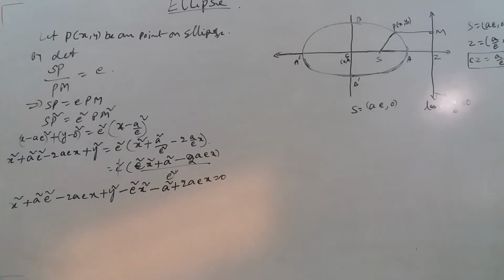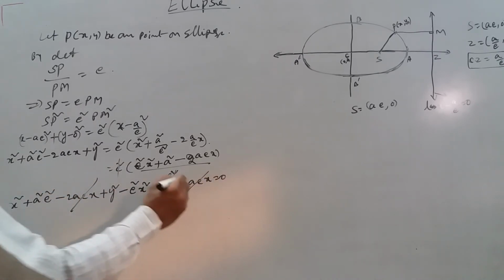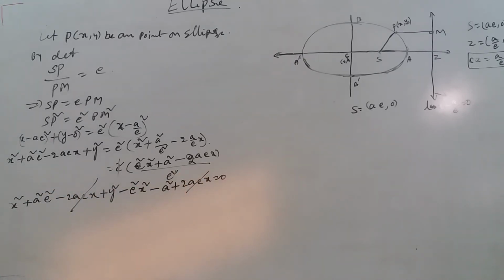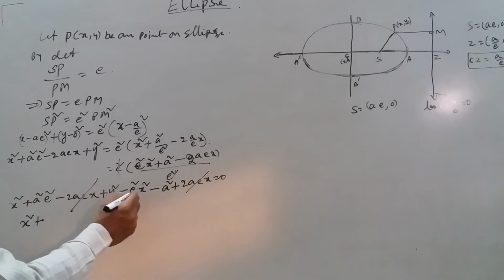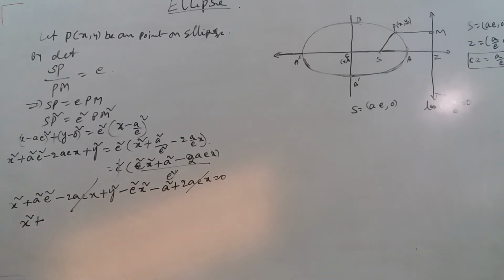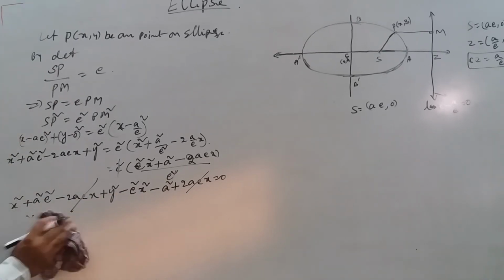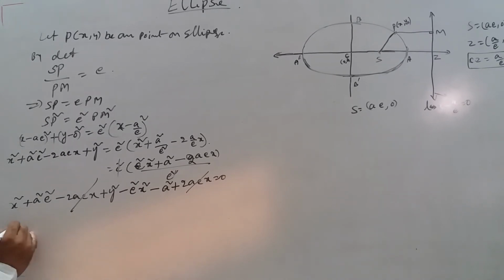If we simplify, minus and plus get cancelled. So this can be written by taking x square as common: x square into (1 minus e square), these two terms.